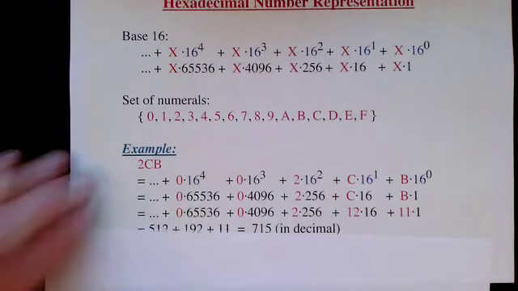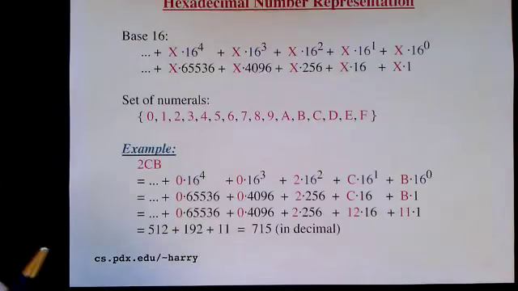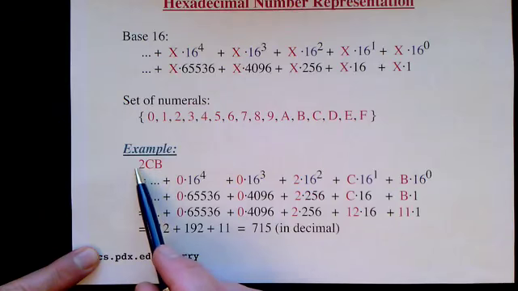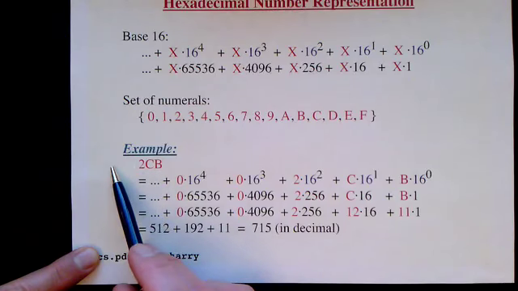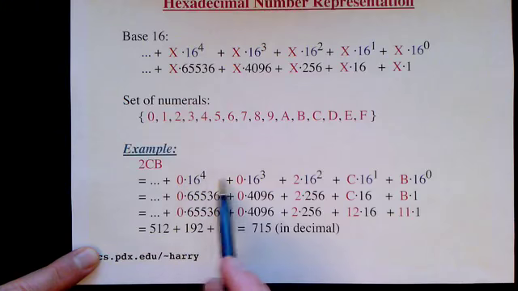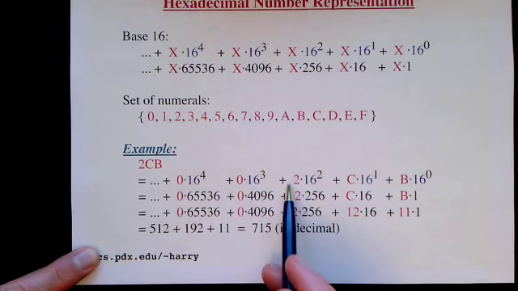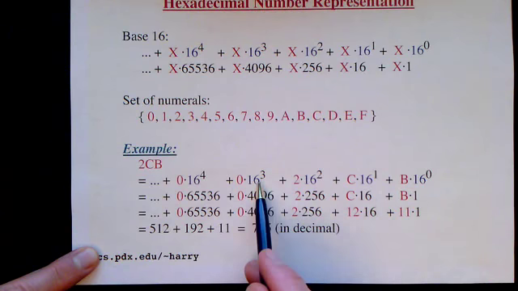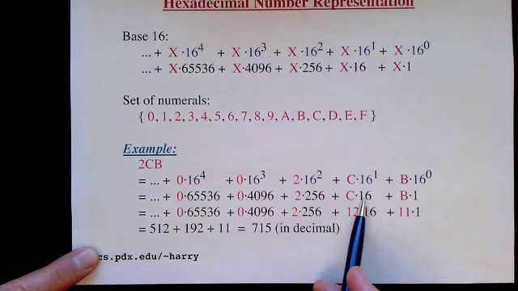And here we have the computation. We can imagine that we have an infinite number of leading zeros that don't do anything. And then we have 2, C, and B. Well, here are the place values, 16, 16 squared, and so on. So we have 2 times 256 and C times 16.